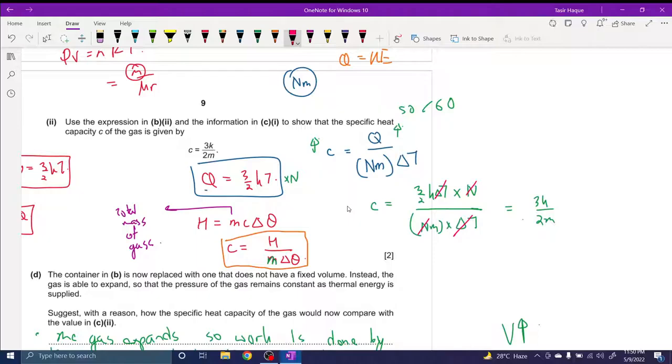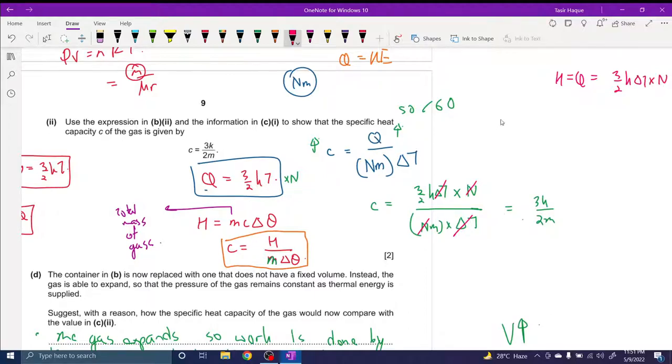Okay, so I'm gonna go through it again. Since our gas has no potential energy, only KE, and we supplied Q to the gas as thermal energy, all of it is being converted to internal energy since the volume is constant. So we can equate kinetic energy and Q. But it's the energy for one particle. To get the total energy supplied to the system, H or Q, that's going to be equal to 3 by 2 k del T, because there's a change in temperature, into the total number of particles.